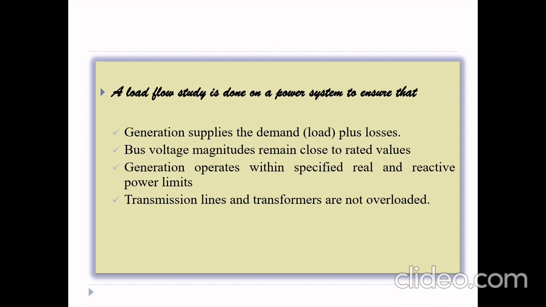Then bus voltage magnitudes are to be constant at rated voltage, normally 1 per unit. Likewise, generation operates within specified real and reactive power limits. So whatever alternator operates must be within the reactive and real power specifications.